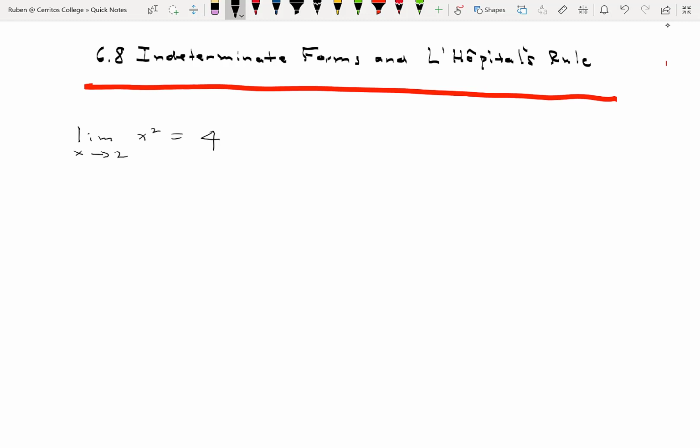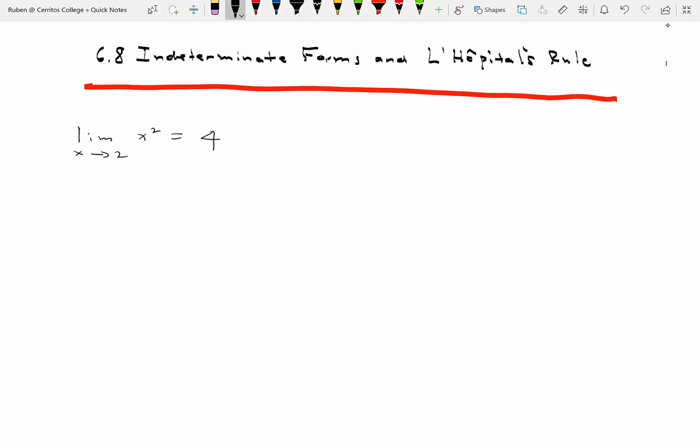Does evaluating this limit have anything to do with plugging in or substituting x equals 2? In other words, does this limit have anything to do at all with the function y equals x squared at x equals 2?